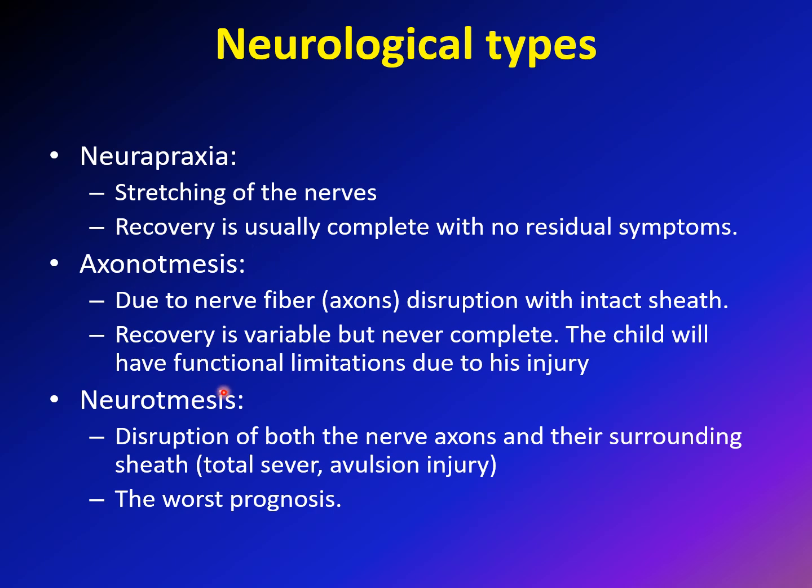This usually has good recovery, but it's not complete recovery, and there are usually some limitations after the recovery is completed. Neurotmesis means that the axon and the sheath are both injured, so the axons from inside and the sheath around it are injured, and this carries the worst prognosis.